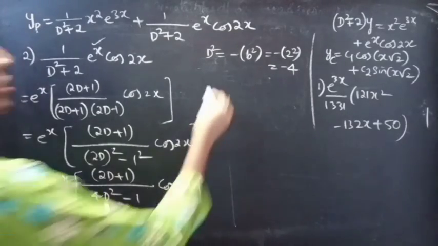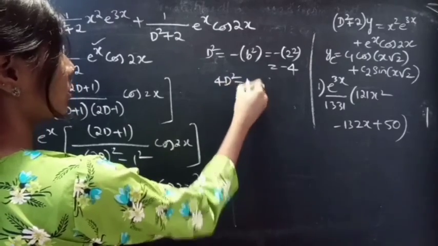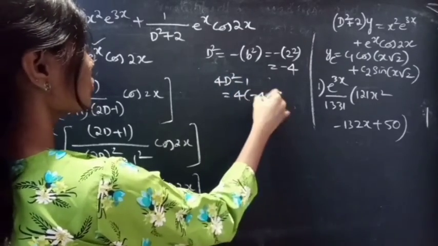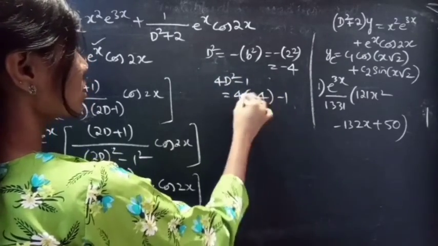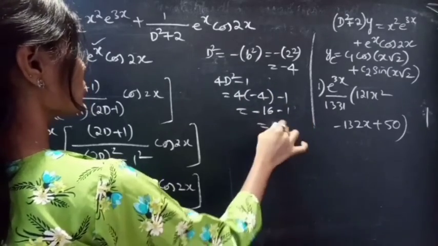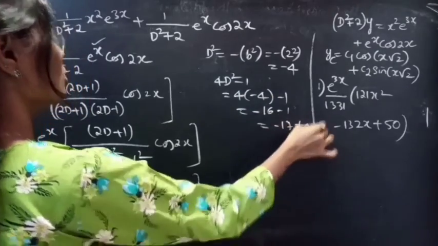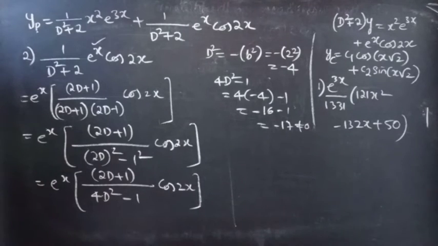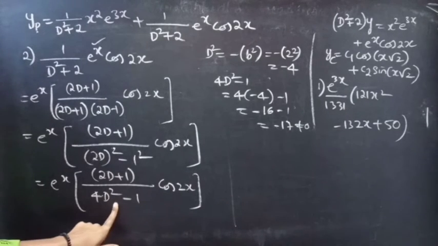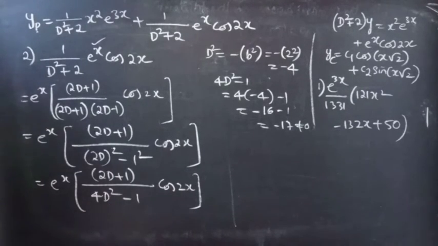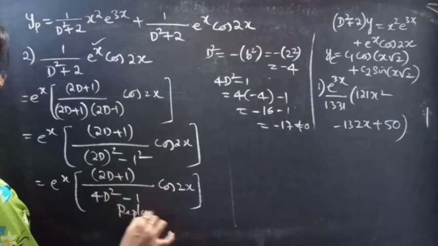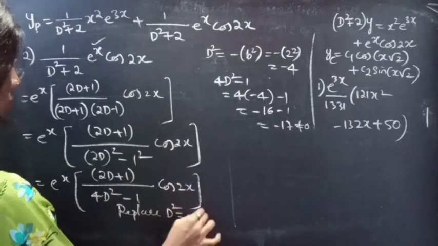Again, d square appears in the denominator. So let's see what happens if we replace d square in the denominator. We'll get 4 into minus 4 minus 1, equals to minus 4 4s are 16, minus 1 is minus 17, non-zero. The denominator becomes non-zero by replacing d square by minus 4. So let's replace d square by minus 4.